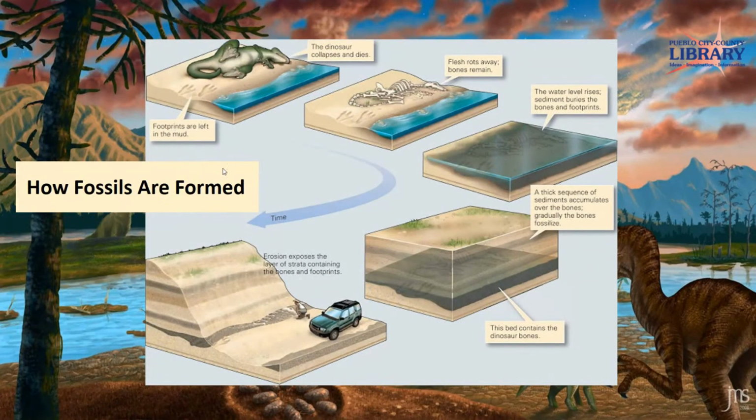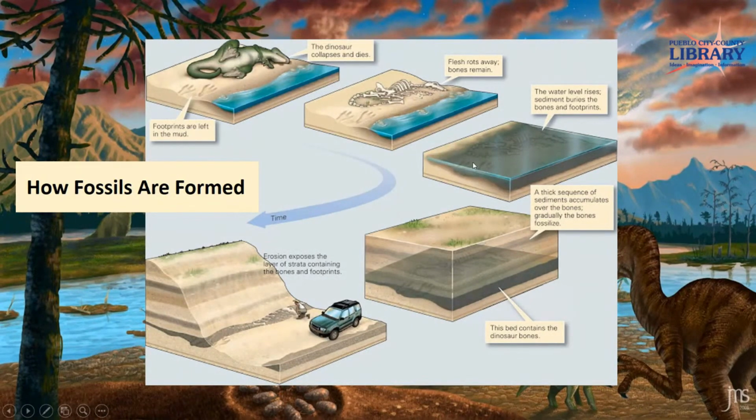So if the animal dies near water or in water, the body gets washed away into the water. The soft parts of their body, the flesh, decays or is eaten by scavengers, but the bones stay there. And eventually the water level rises. Then sediment gets washed into the water from all the different creeks and rivers that feed into it.